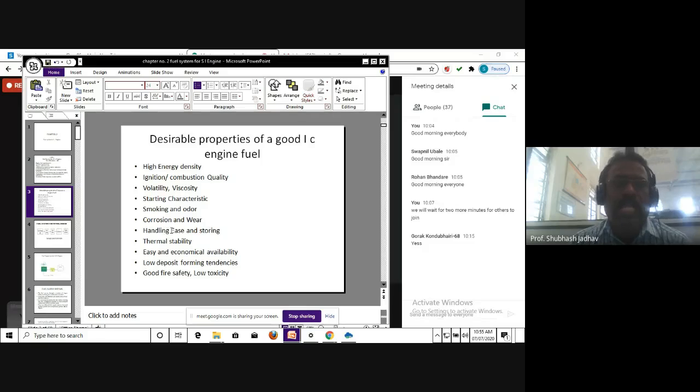Then we have handling ease and storage. Handling means when we are carrying the fuel from one place to another, it should be easy to handle.